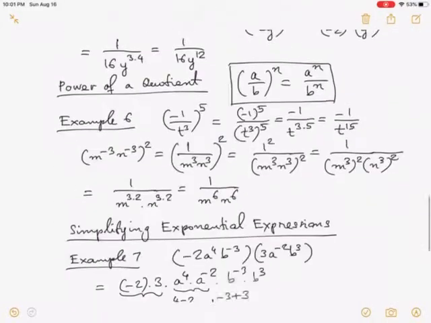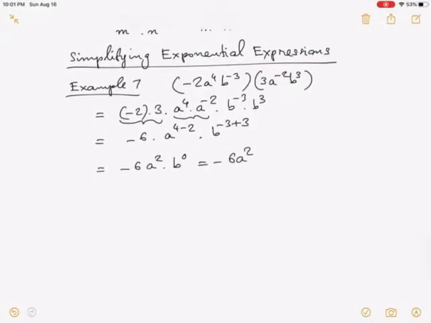Okay, next, using scientific notation. This is a shorthand method of writing very small and very large numbers, in which we express numbers in terms of exponents of 10.